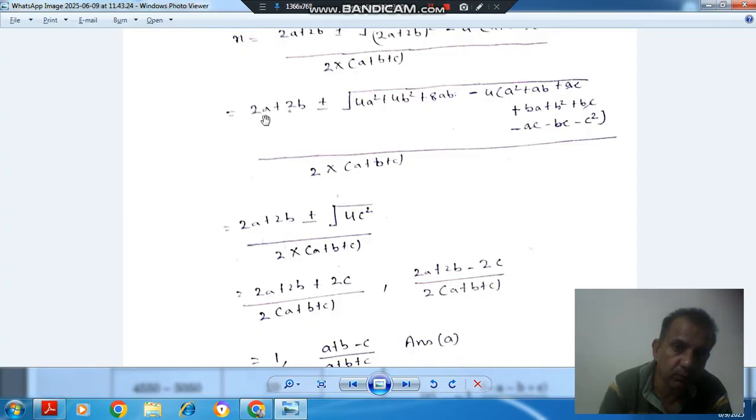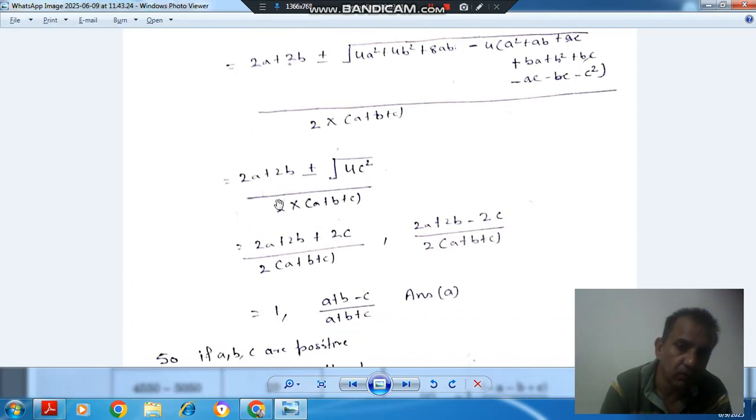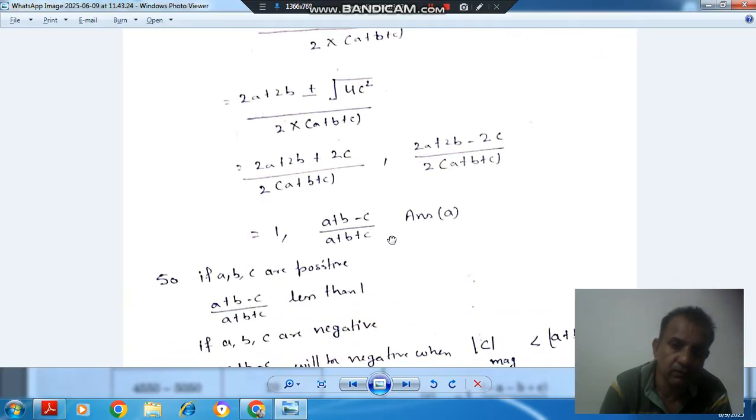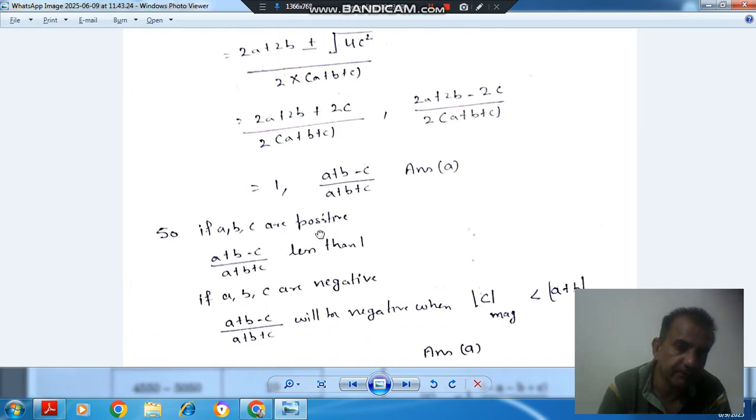So it will be 2a + 2b ± √(4c²) divided by 2(a + b + c). We take one root as plus and the second as minus. With plus, the numerator and denominator cancel out, giving 1, and with minus, it is (a + b − c) divided by (a + b + c). So the answer is option A.